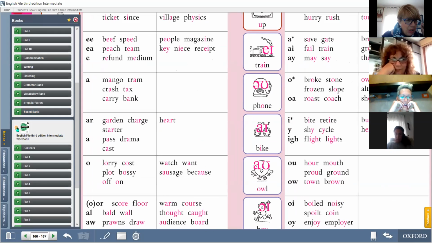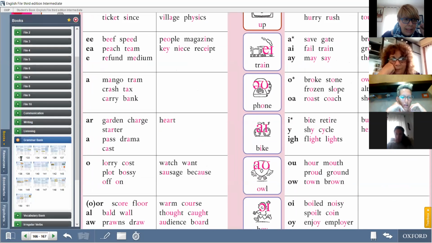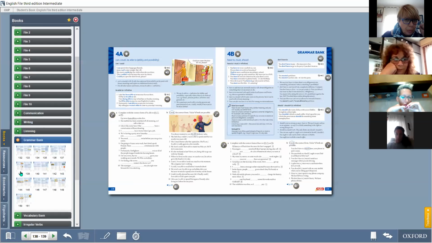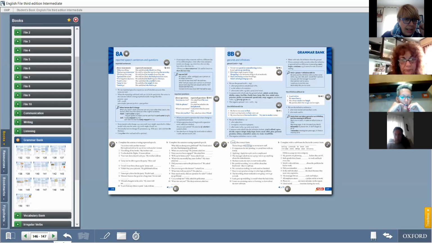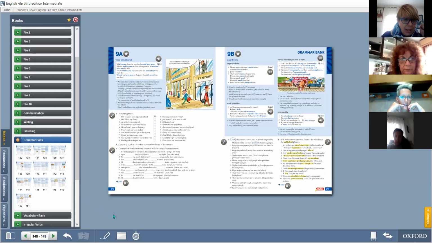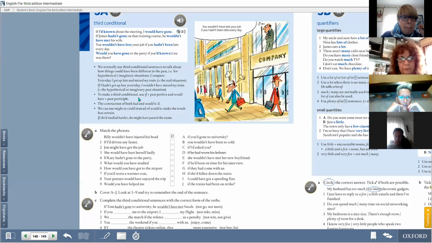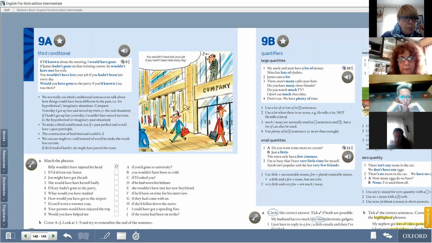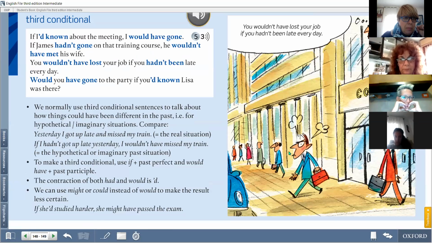That is the third conditional. And I'm going to the grammar bank. Okay. And this is page 148 of the grammar bank. Okay, third conditional.